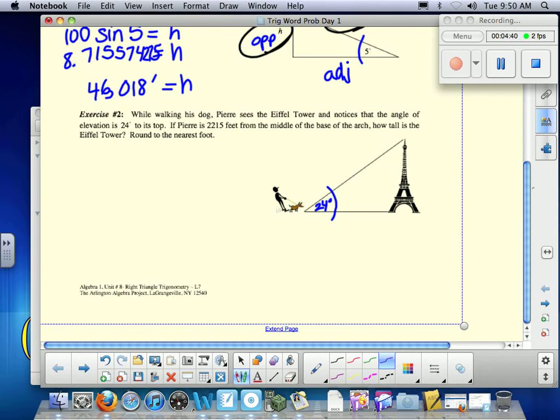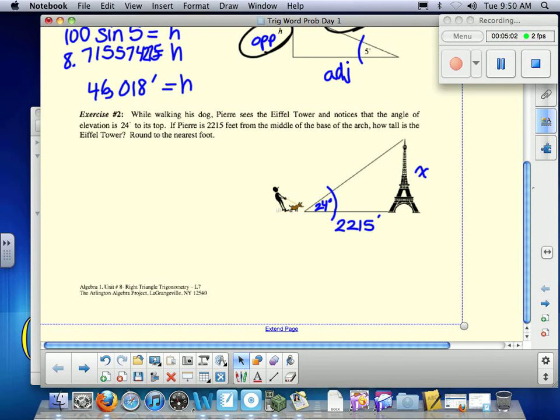Very unrealistic. If Pierre is 2,215 feet from the base of the Eiffel Tower, so that's his ground distance, how tall is the Eiffel Tower?